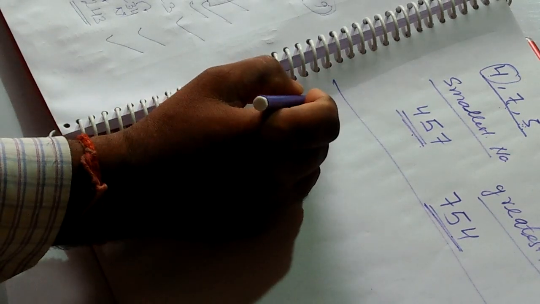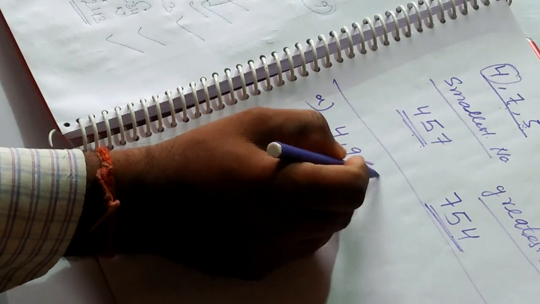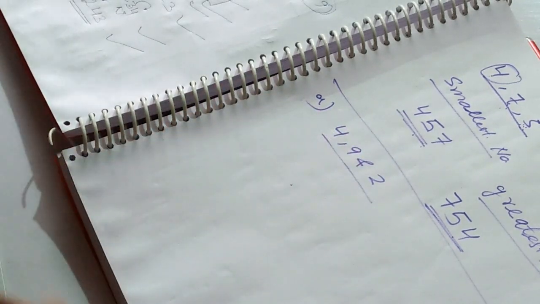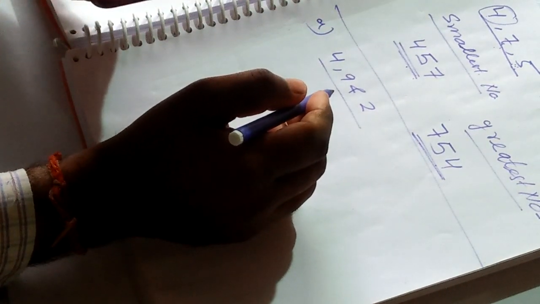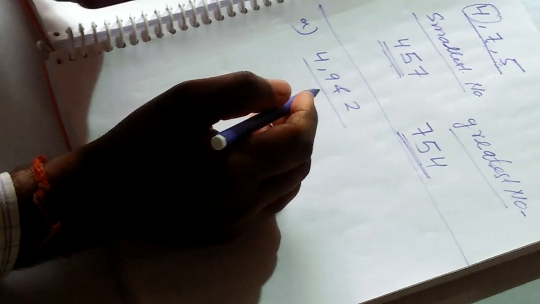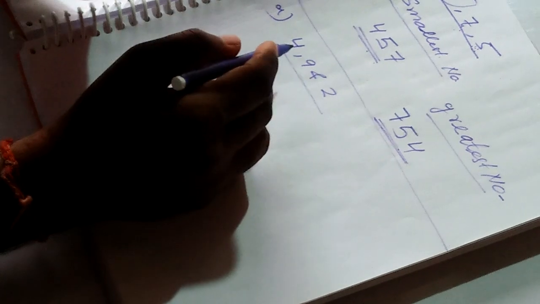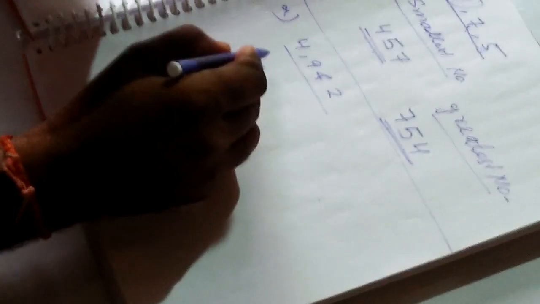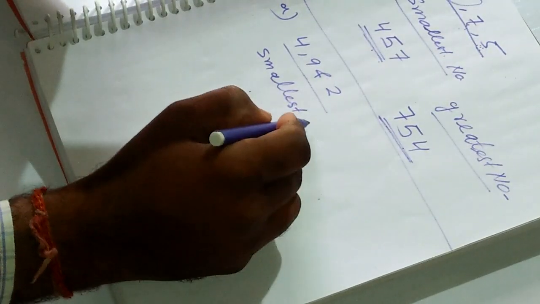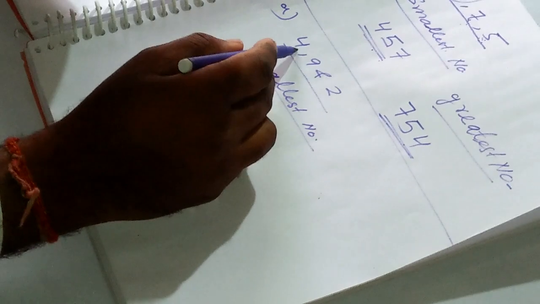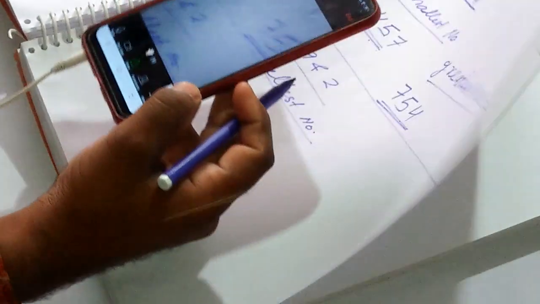So first you have the digits 4, 9 and 2. You have to prepare the smallest number by use of these 3 digits. So how will you prepare it, beta?